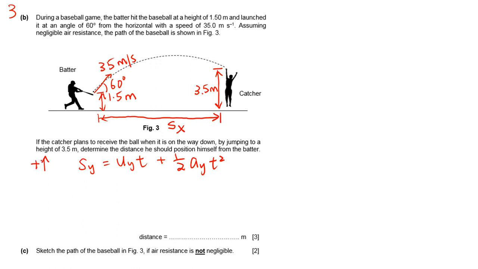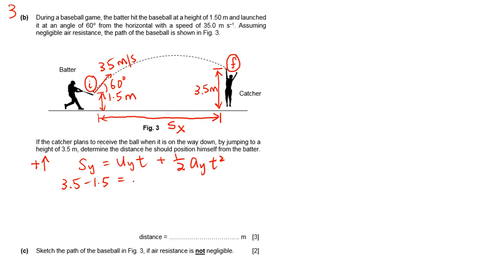So the vertical displacement from the initial point, which is here when the ball was hit, until the final point when the ball reaches the catcher's hand, will be the difference between the 3.5 meters and the 1.5 meters. So 3.5 meters minus 1.5 meters will give me the vertical displacement from initial point to final point.